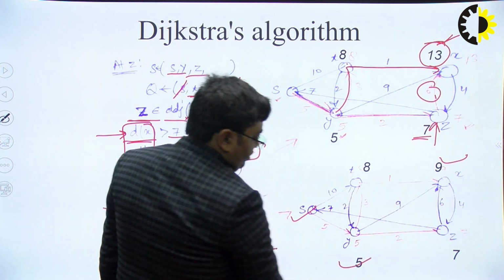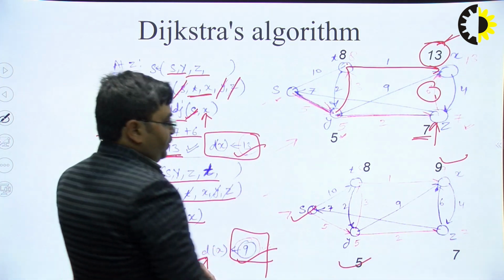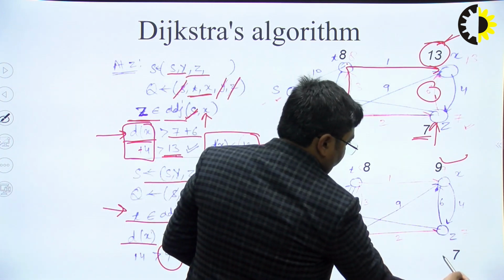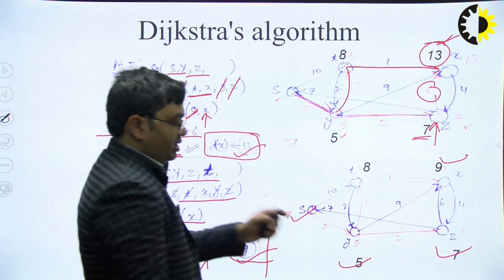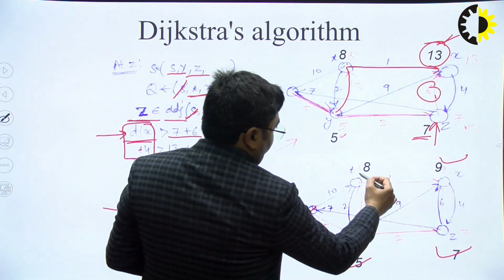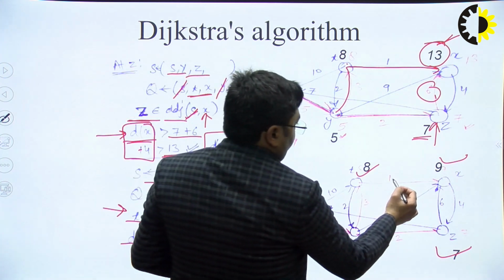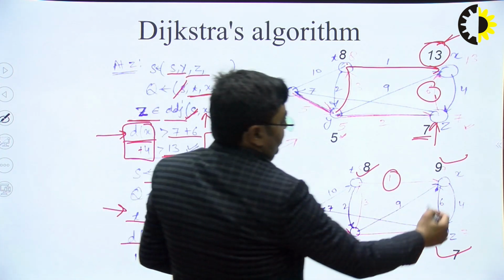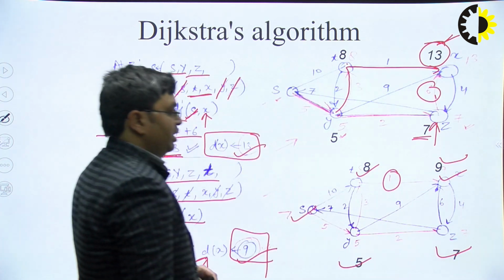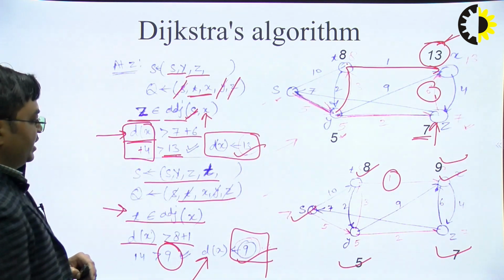With weight 5 we reached y, with weight 2 we reached the z node with 7, with 3 we reached the t node with 8, and with edge value 1 we covered the node x with total weight 9.